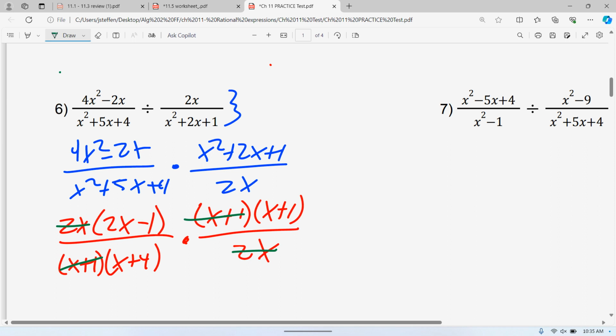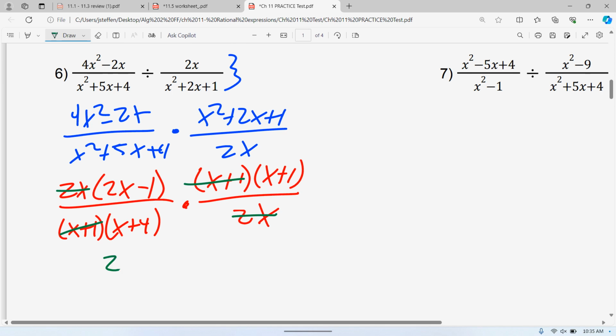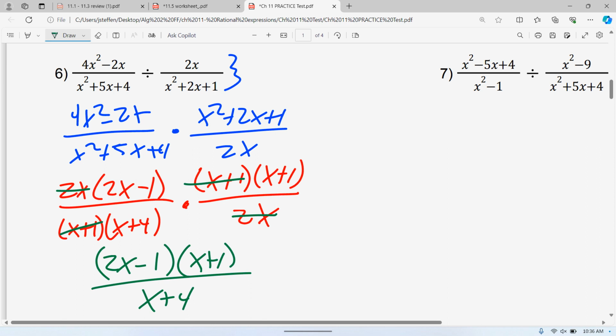So your answer ends up, scroll down a little bit, being 2x minus 1 times x plus 1 over, everything in the denominator canceled, so it's just x plus 4. There are some people that ask if you need the x plus 4 in parentheses. If you put it in there, that's fine. It doesn't make any difference. You don't have to put it in. Whatever you're comfortable with, I'm okay with.